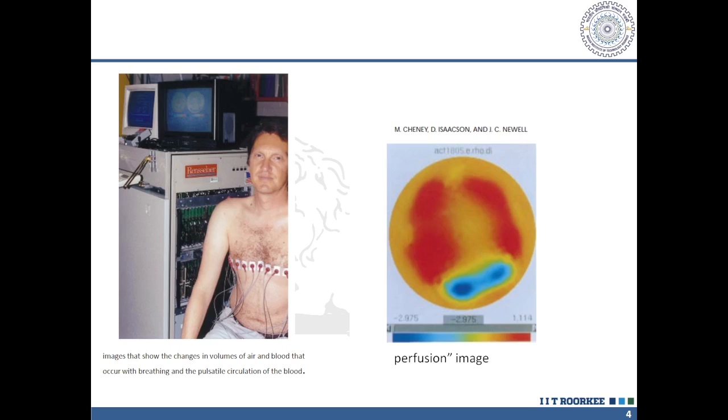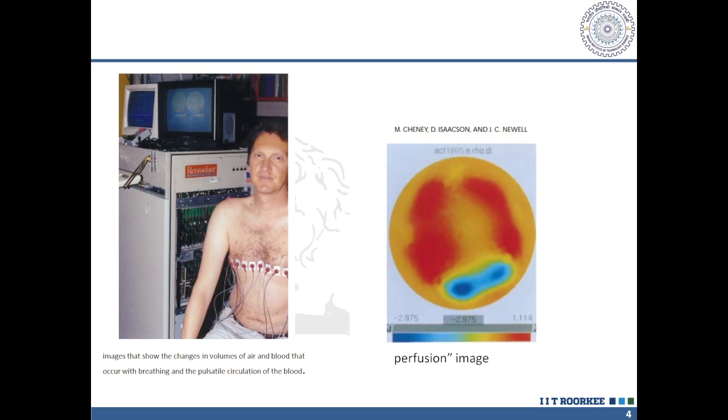We are getting the image depending upon the conductivity of that body part. We are applying the current, we are getting the voltage, and I will get a voltage depending upon the conductivity of that part.